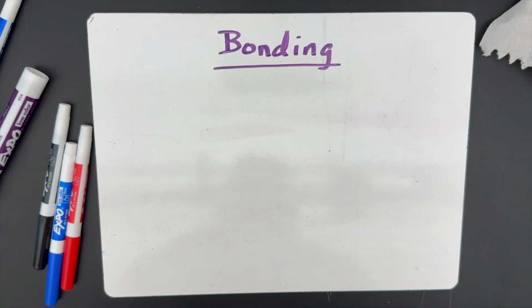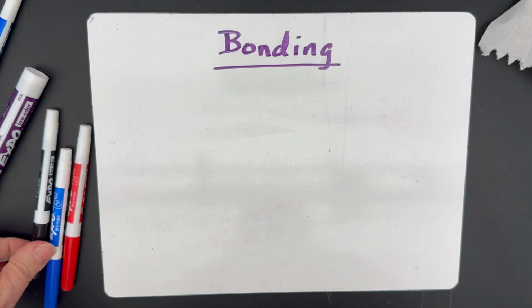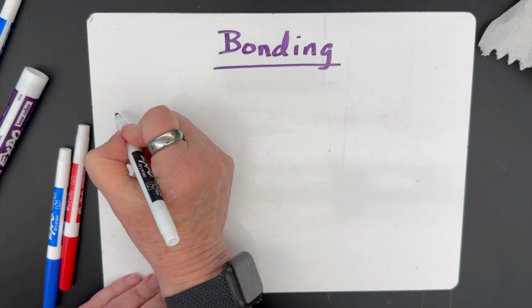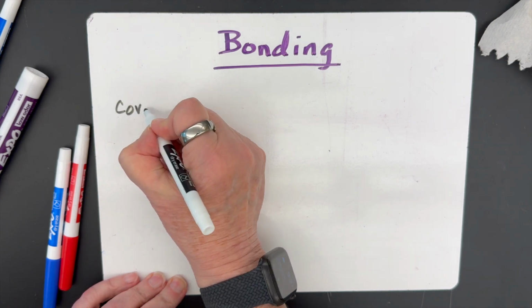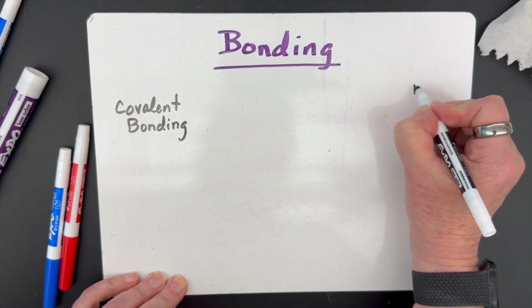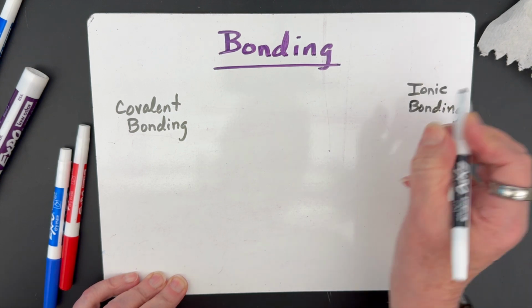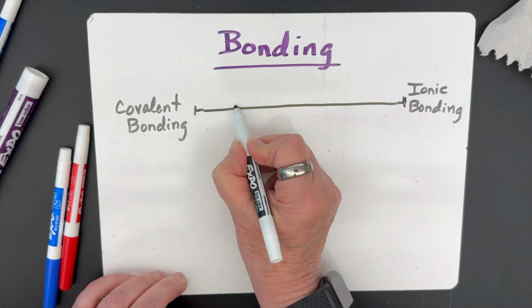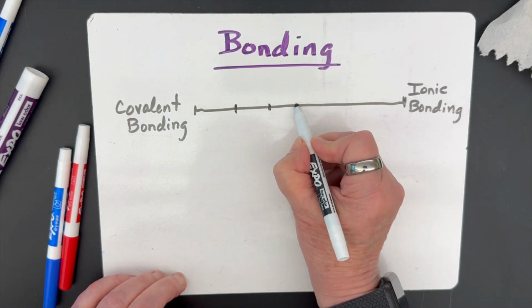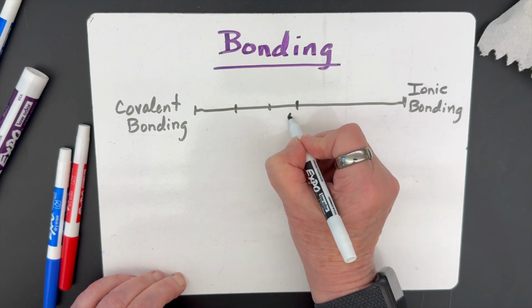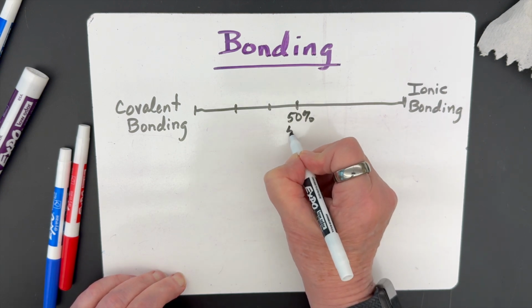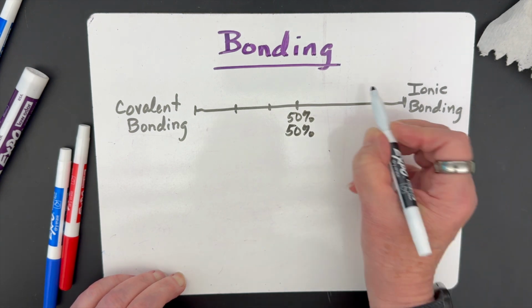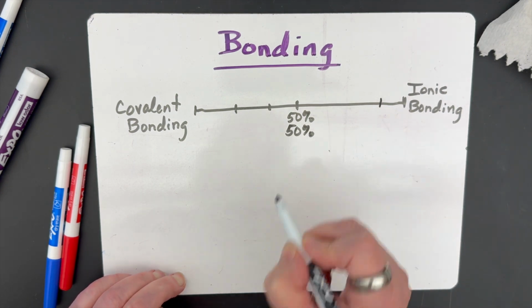So when first learning about bonding, we often think that it's one type of bond or the other type of bond, when in reality there's this continuum where you have covalent bonding on one end and ionic bonding on the far other end, and a bond might be here or right smack dab in the middle, which would be 50% ionic and 50% covalent, or it might be over toward the ionic end.